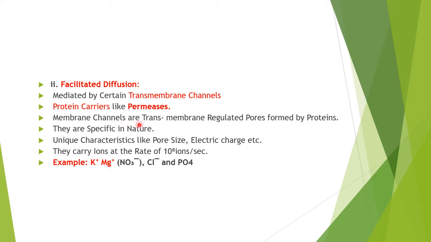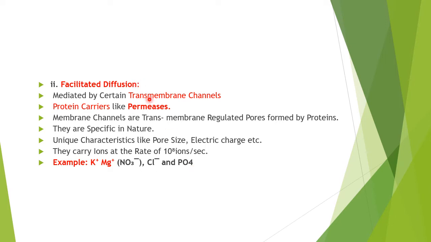Membrane channels are transmembrane regulated pores formed by proteins. They are specific in nature due to unique characteristics like pore size and electric charge. They carry ions at the rate of 10⁸ ions per second. For example, they can carry potassium, magnesium, nitrite, chloride, and phosphates.